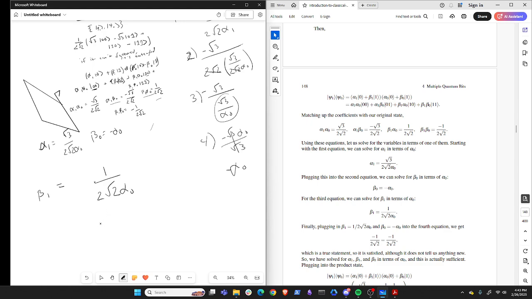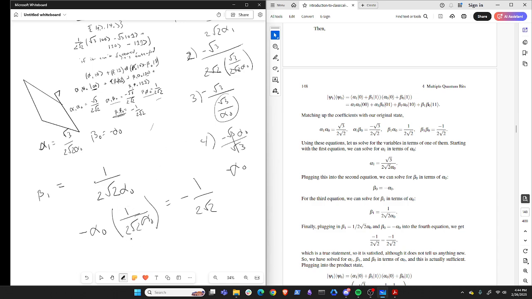So b of 1, we see right here that we have this fourth equation, beta sub 1, beta sub 0 is equal to this. So what we can do is solve for alpha sub 0 here by multiplying these out. So minus alpha sub 0 multiplied by 1 over 2 square root of 2 alpha sub 0 is equal to negative 1 over 2 square roots of 2.